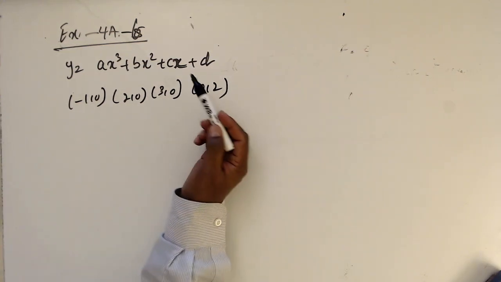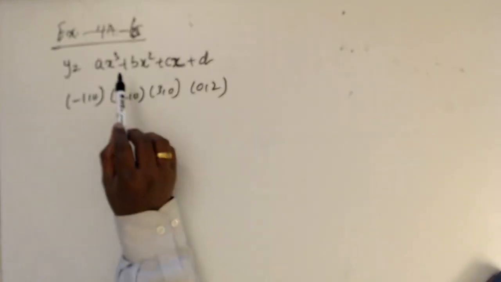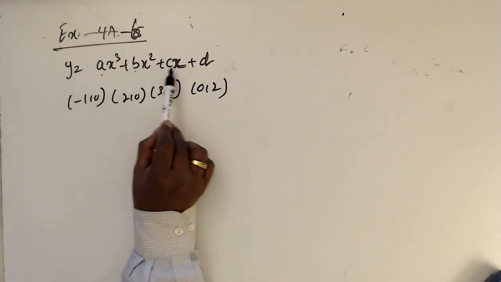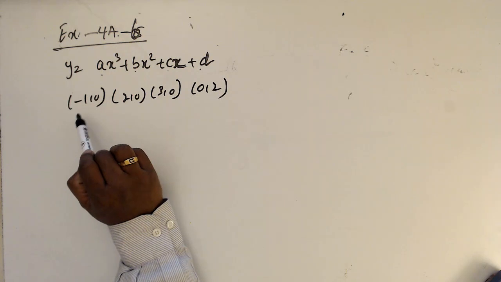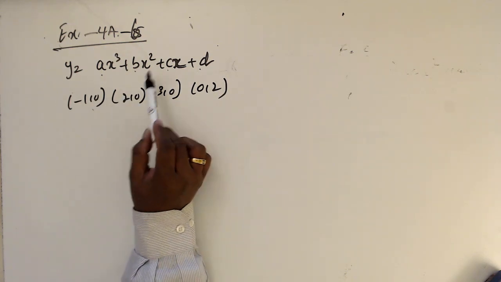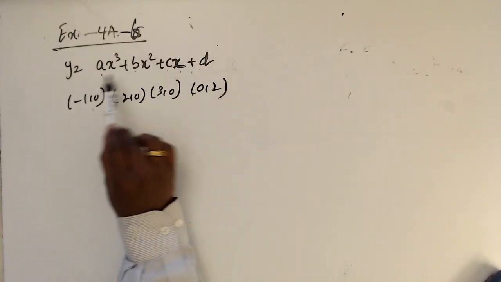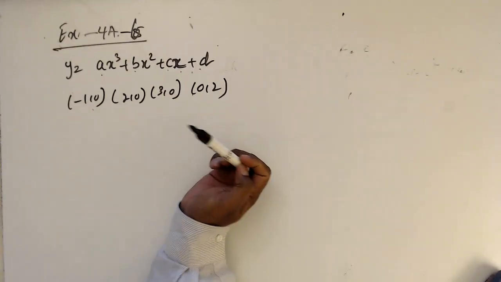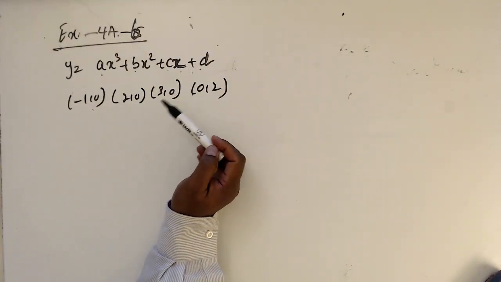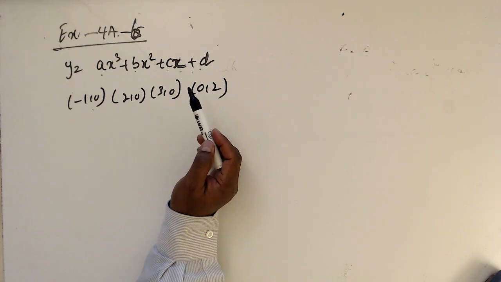Now you can see, how many unknowns? 1, 2, 3, 4. By substituting these, I can make 4 equations and I can solve. So that's my plan now.